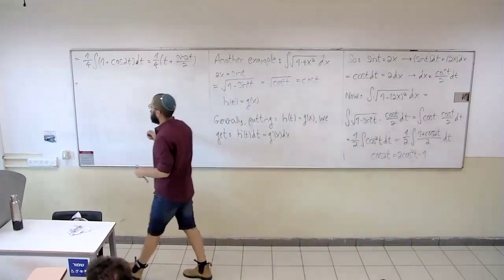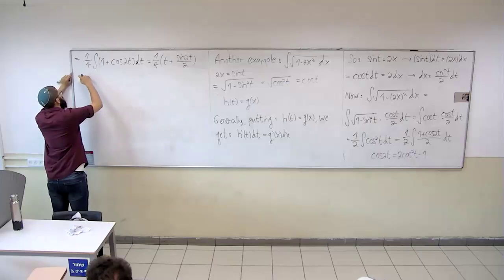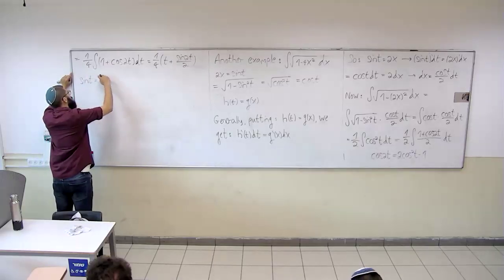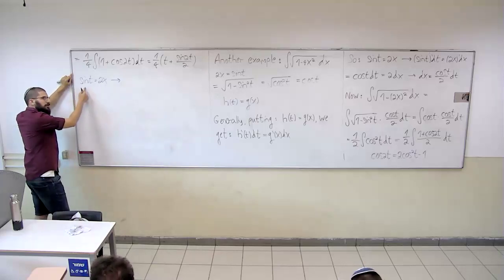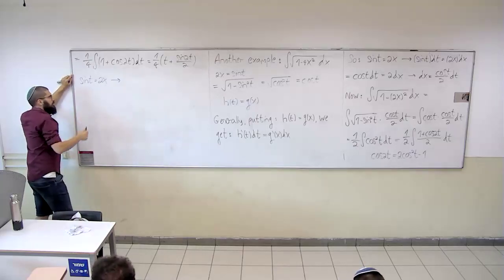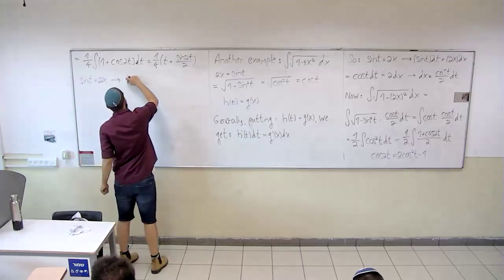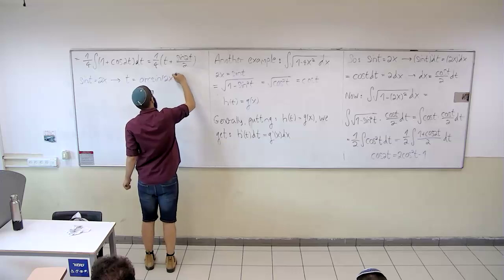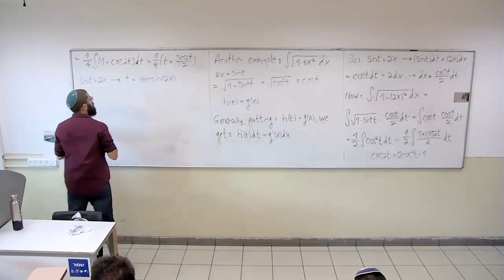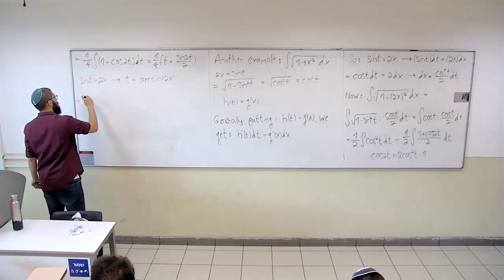When sinus t is 2x or whatever it is, and you want to get rid of the sinus, what do you do? You put a little arcsinus friend, of course. So t is arcsinus of 2x.